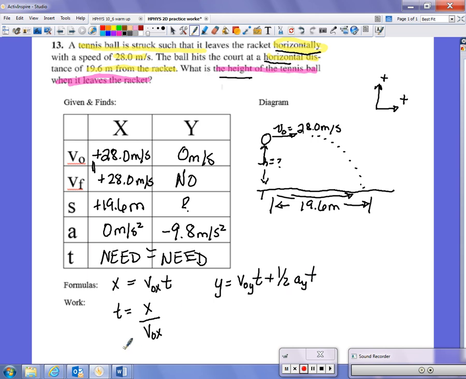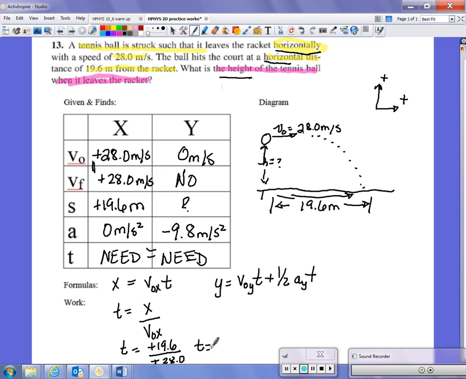Alright, so let's solve this problem first. So t is equal to, here's my horizontal displacement, 19.6. You'll see me leaving my signs in there just to reinforce that you can't drop those off. With the positive signs, it doesn't make as big of a difference, but it's good practice.